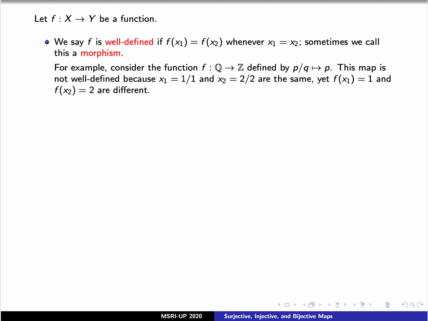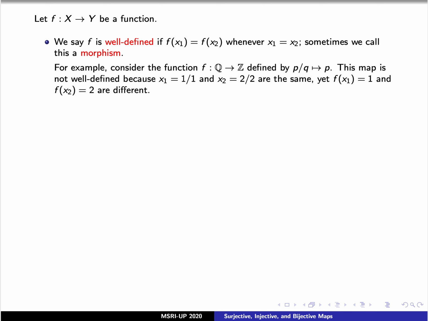Here's the reason why. Consider the rational number 1 divided by 1, which we know is equal to the rational number 2 divided by 2. Now, according to the naive definition we have, f of x1 is simply the numerator of x1, namely 1. However, f of x2 is the numerator of our rational number x2, which is 2.